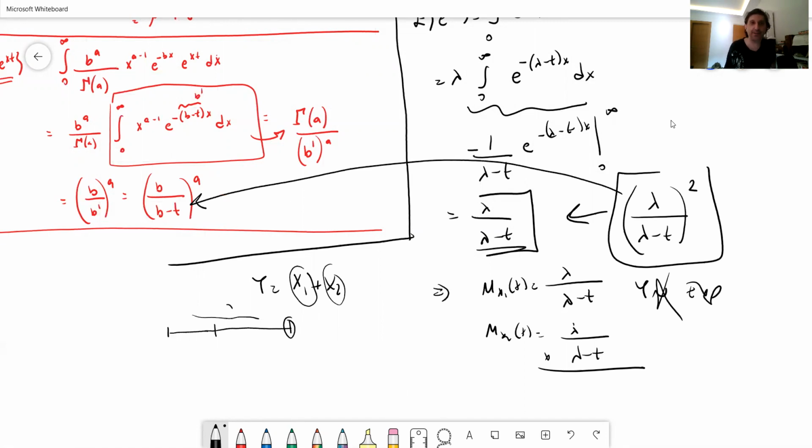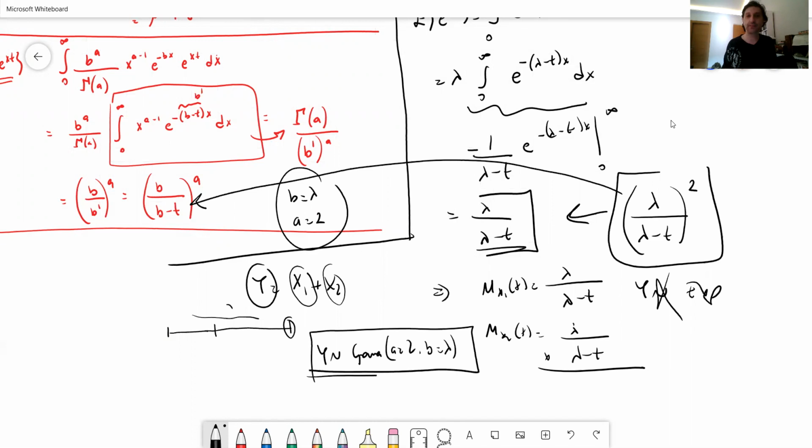If you take b to be equal to λ and a to be equal to 2, then you are going to have a gamma distribution. Therefore, Y will be gamma distributed with parameters a equal to 2 and b equal to λ. So that's, I think, the easiest way to determine the sum of different random variables.